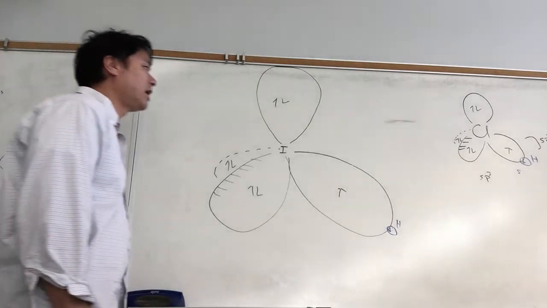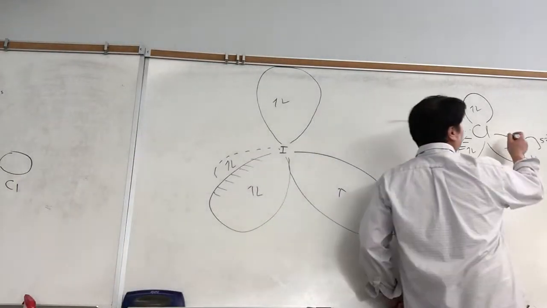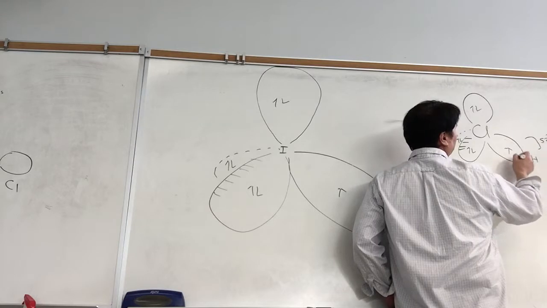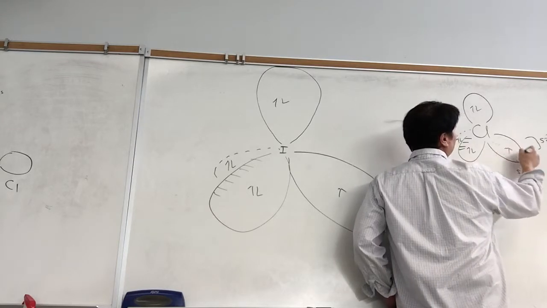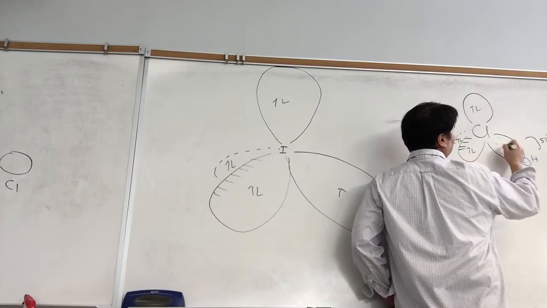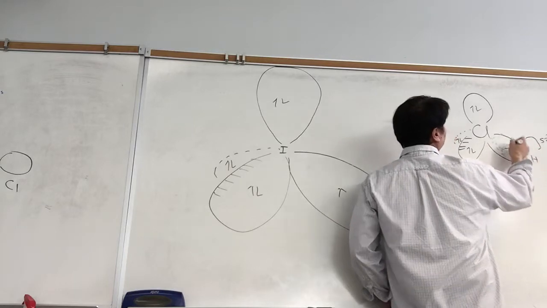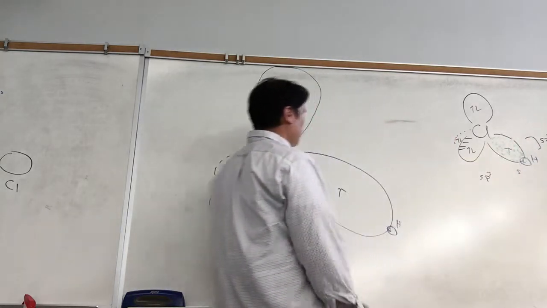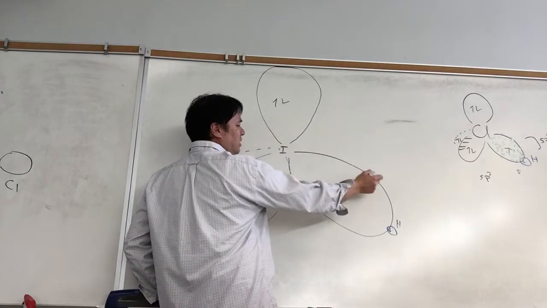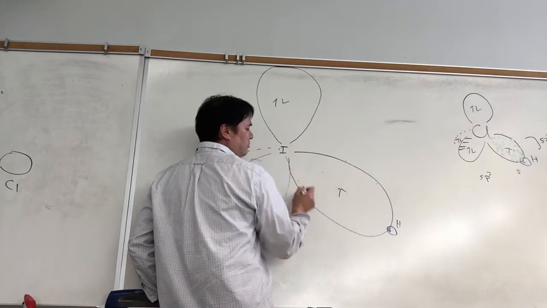The bond is overlapping atomic orbitals, so we're going to have a higher concentration of electron density in this region. This is what holds the two atoms together. Versus here, we'd have the same number of dots, but over a much larger volume.